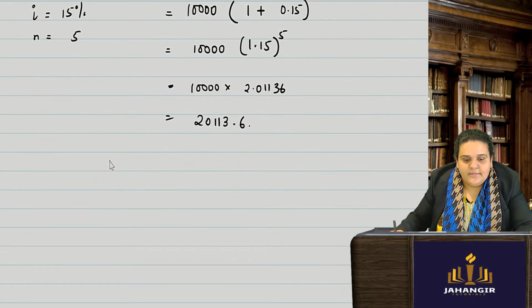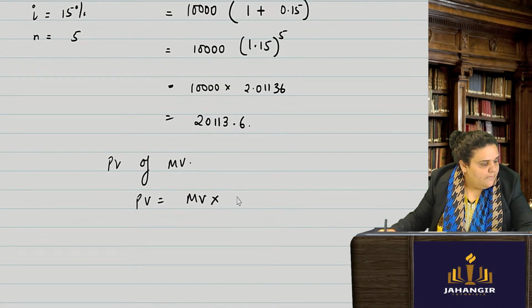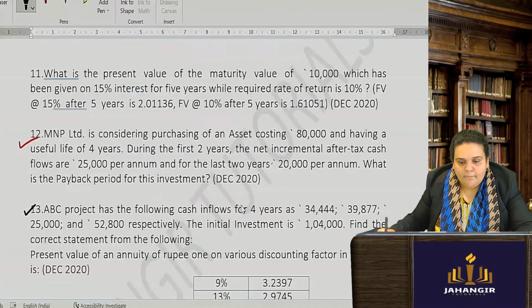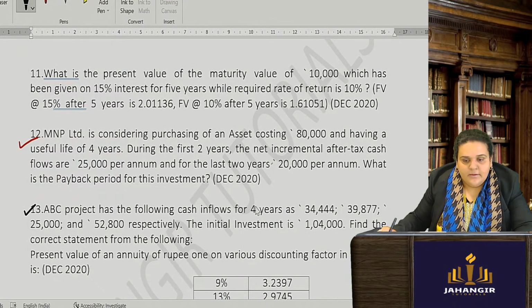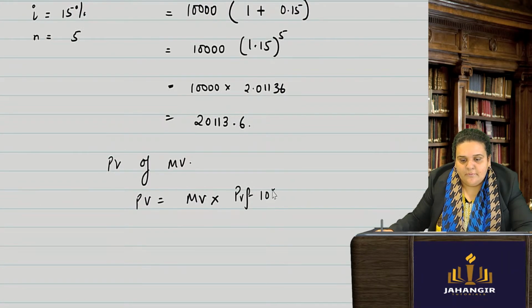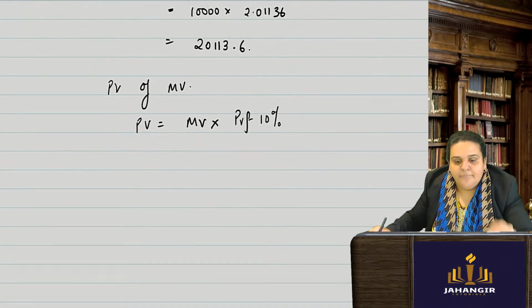I have to find the present value of my maturity value. So what I'll do, present value will be maturity value into the PV factor at the rate of 10%. Okay.